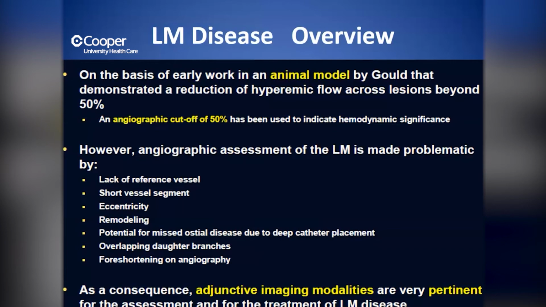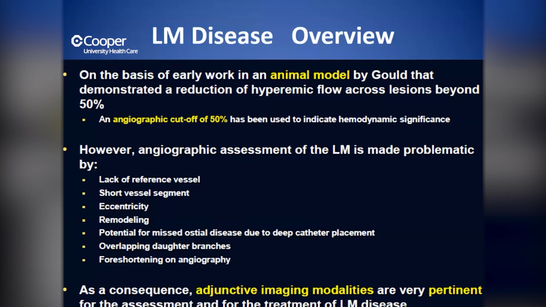Now, why do we all say 50% is significant at the left main, while when we go to the sub branches we always say it's 70 or 80% that's hemodynamically significant? Well, this stems from a couple of sources. One, animal models.